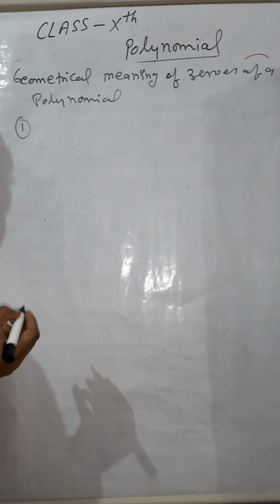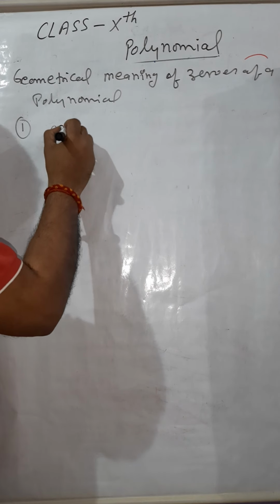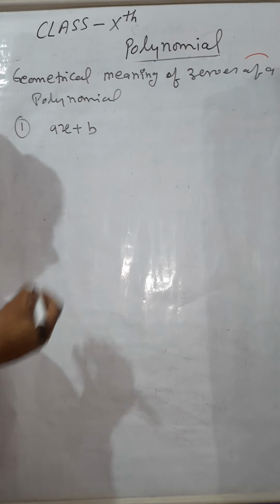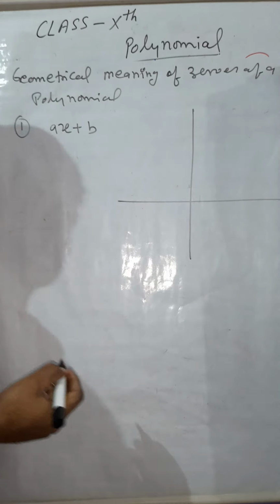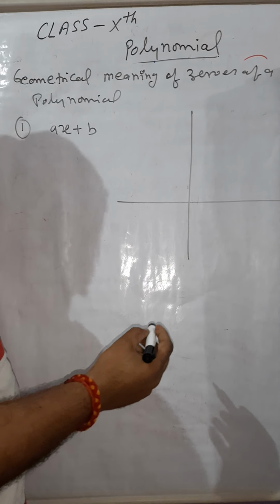Case 1, ax plus b. The graph of this will be a straight line.